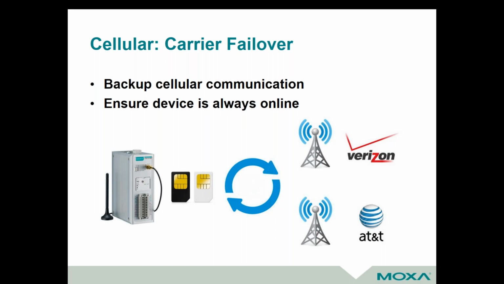So maybe your primary network is going to be AT&T, but let's say something happens to that cell tower that you typically use, and there's not any other towers in the area that you can get coverage for that site. Wouldn't it be nice if you could back up to a secondary network? So when you're talking to your suppliers, question them about having the ability to have dual SIM support and be able to support multiple carriers. One will be primary. The second one will only be for backup purposes on that.